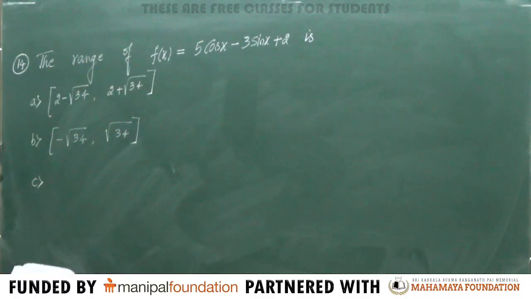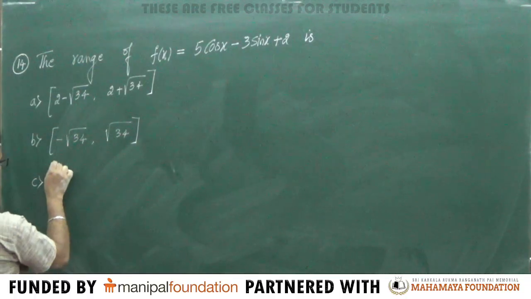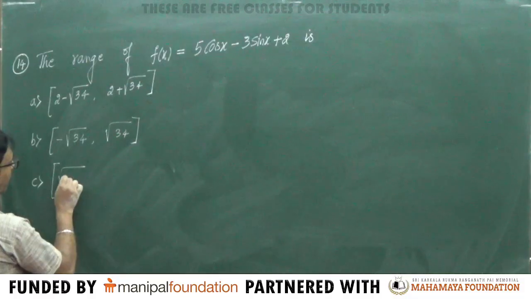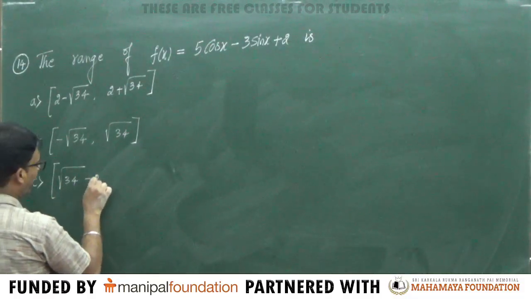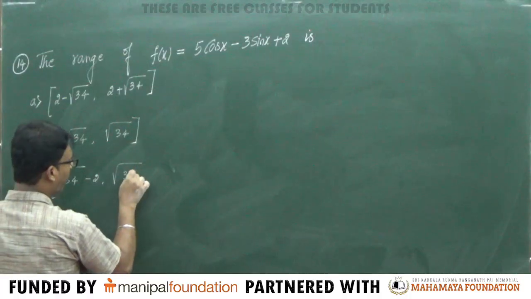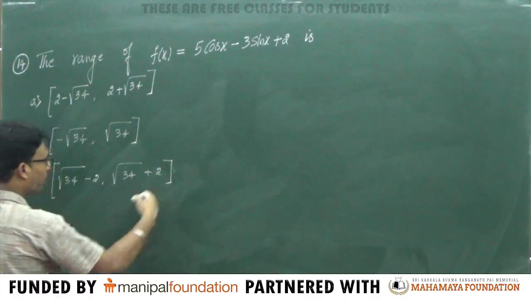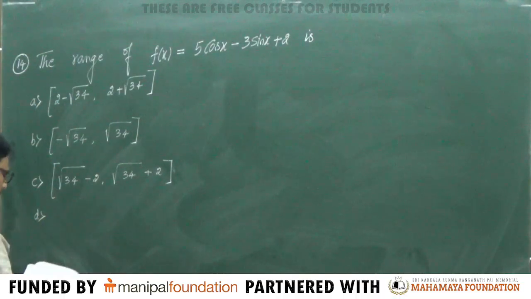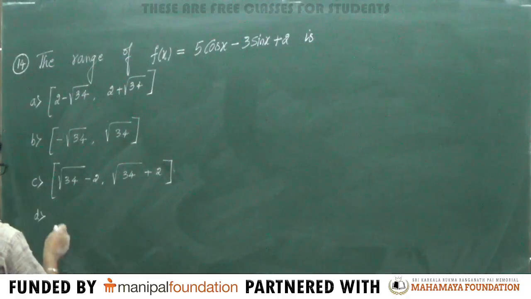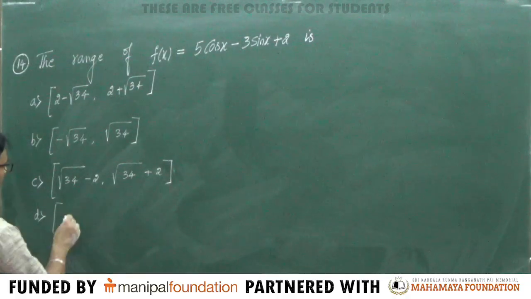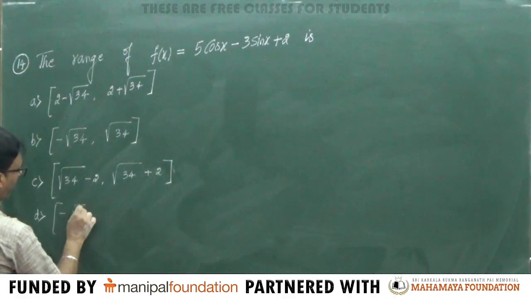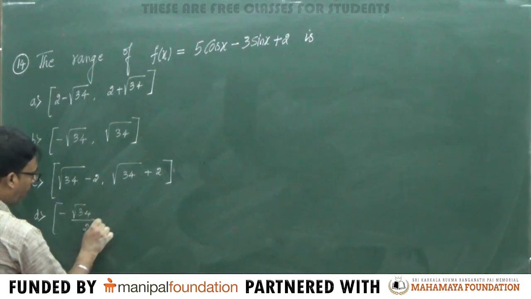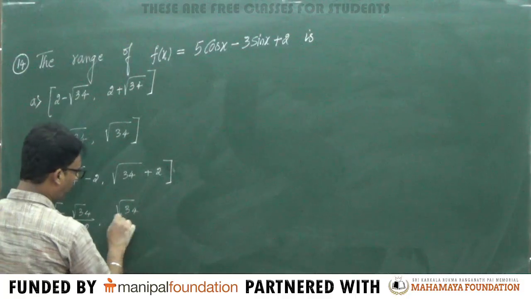Option C, closed interval square root of 34 minus 2, square root of 34 plus 2. Option D, minus square root of 34 by 2, plus square root of 34 by 2.